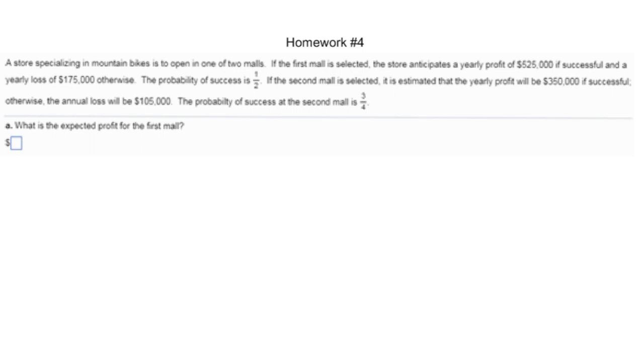If the second mall is selected, it is estimated that the yearly profit will be $350,000 if successful. Otherwise, the annual loss will be $105,000. The probability of success at the second mall is 3/4. What is the expected profit for the first mall? And then they're going to ask us what is the expected profit of the second mall? Right, so let's find the expected value for the first mall.